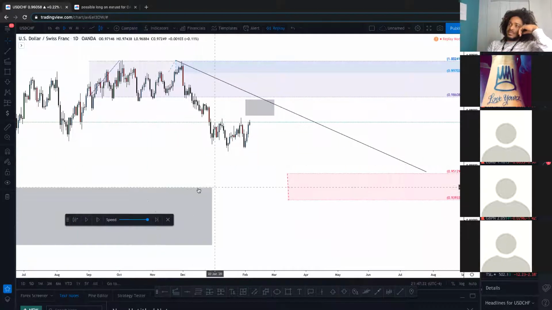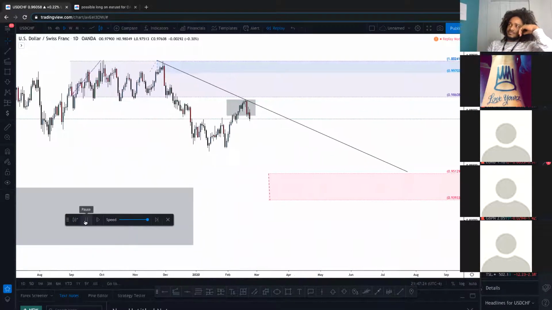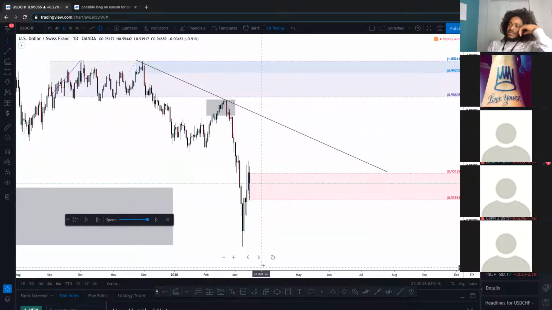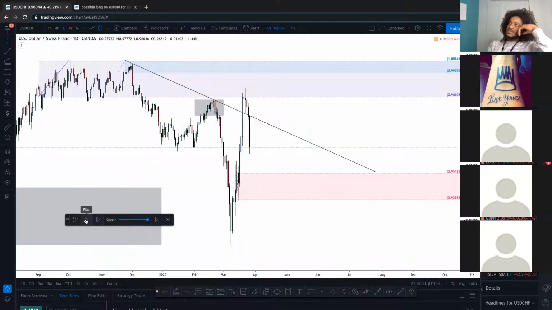But basically the price came down and here it removed this demand level. So now we have monthly supply up here, right? And we also have weekly. So here we had weekly supply removed, but the market reacted off of monthly supply, right?